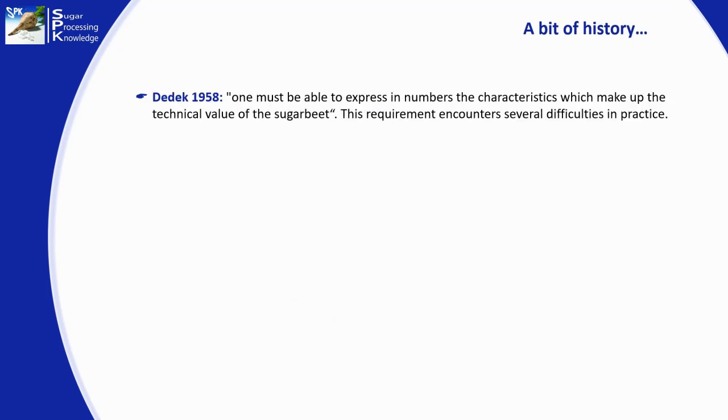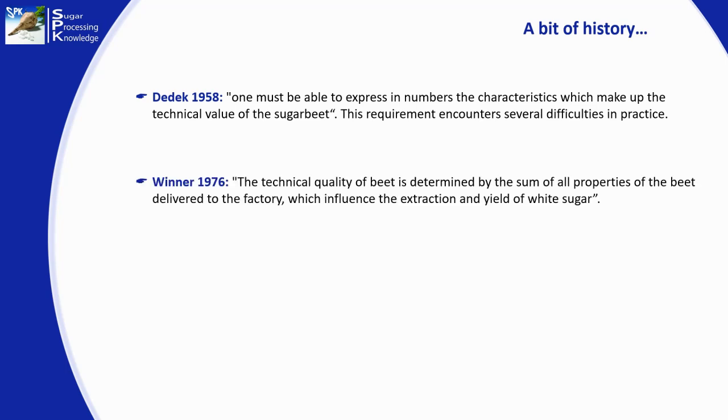Dedek in 1958 wrote, "One must be able to express in numbers the characteristics which make up the technical value of the sugar beet. This requirement encounters several difficulties in practice." Wiener in 1976 also wrote, "The technical quality of beet is determined by the sum of all properties of the beet delivered to the factory, which influence the extraction and yield of white sugar."